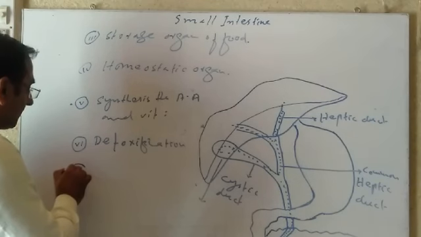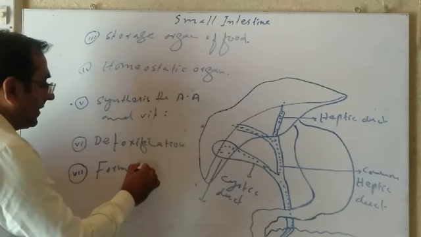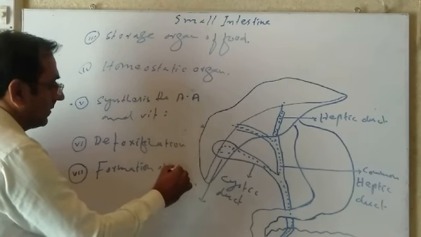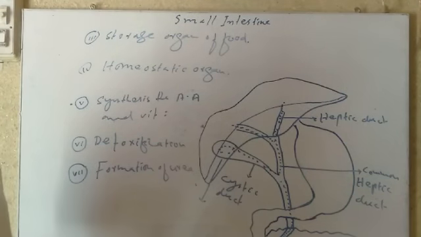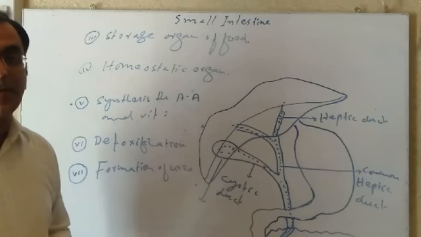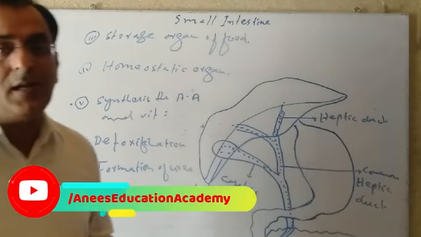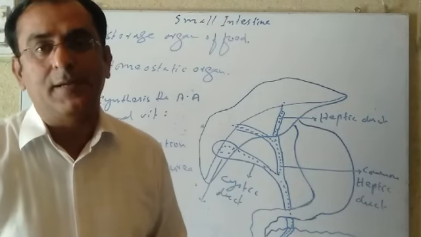Next, formation of urea. When the metabolism of amino acids and nucleotides takes place in the liver, then amino group is released. That process is known as deamination.